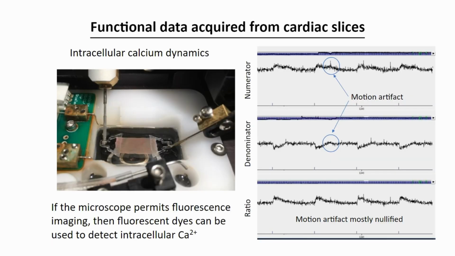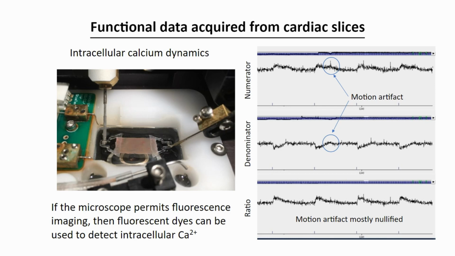For a cardiac slice, however, there is an issue of motion artifact to contend with. Motion artifact arises when the sample moves in and out of the field of view, which occurs during muscle contraction. This is to be expected for the cardiac slices. If you use a ratiometric dye, however, like Fura-2, the motion artifact can be minimized.